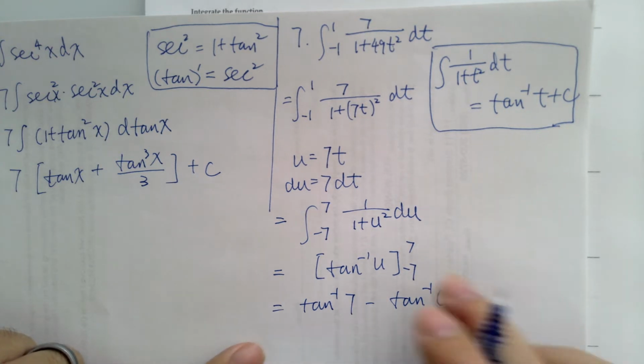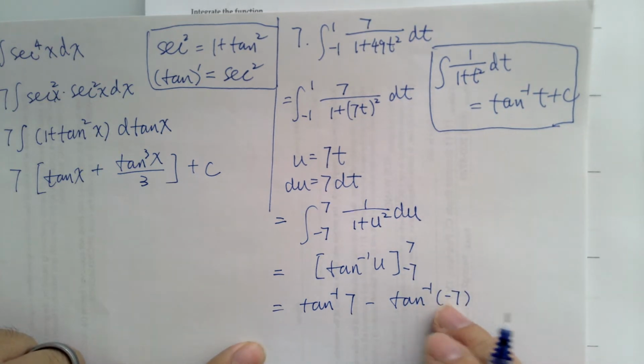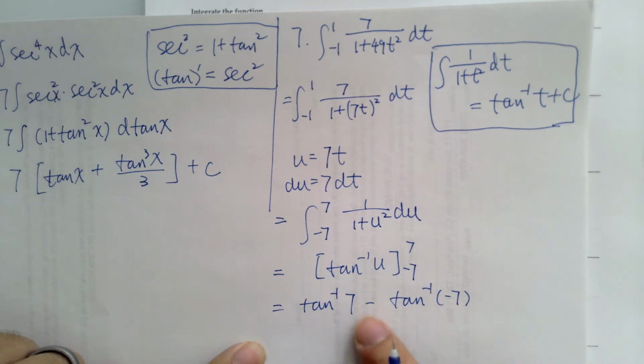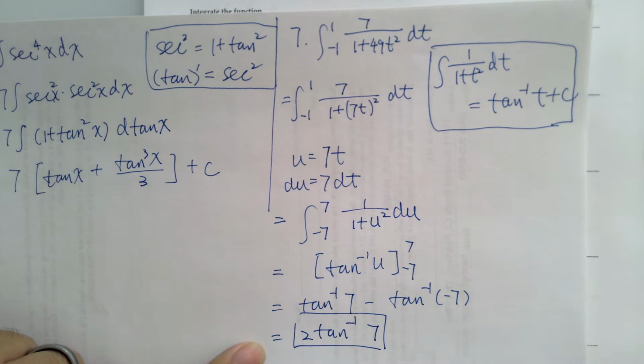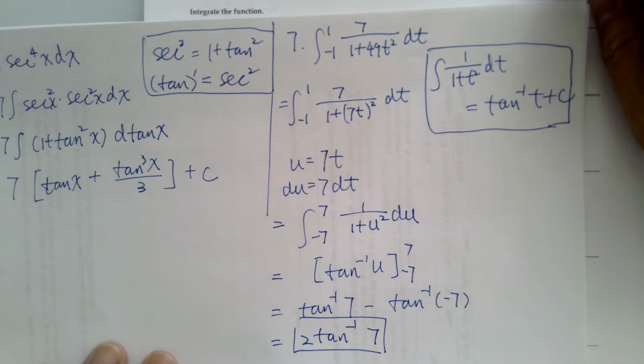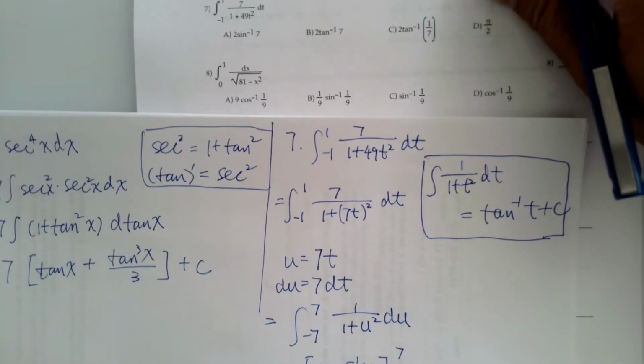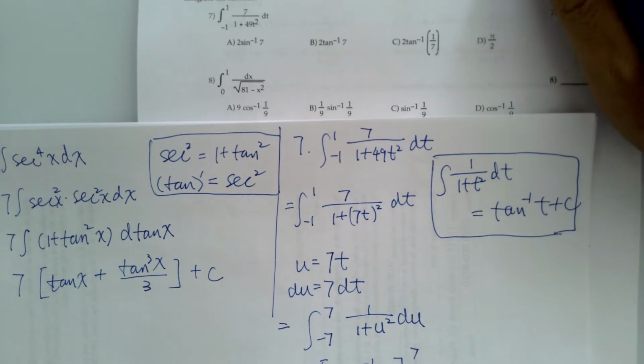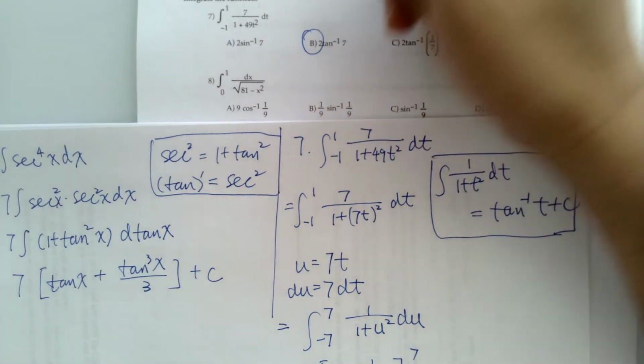Since tan inverse is an odd function, this becomes negative tan inverse of 7. Negative and negative become positive. So we get 2 tan inverse 7. That's my answer, okay? And we can go back and check to see, do we have that? The answer is, yeah, we have it.